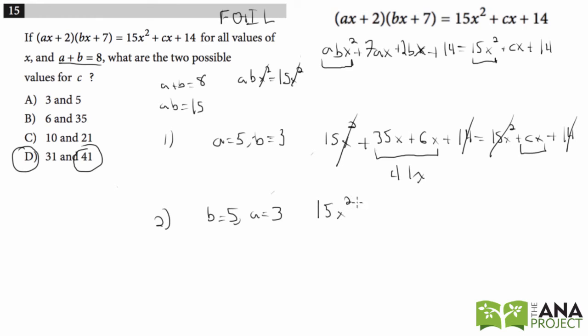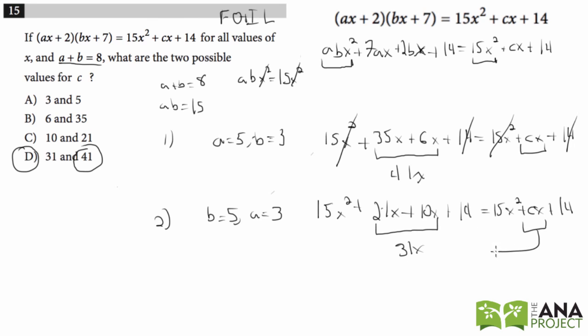So 15x squared plus 7ax, well, a in this case is 3, so this would be plus 21x, plus 2bx, b is 5 in this case, 2 times 5 is 10, then plus 14, and then this will equal the same thing as we put earlier, 15x squared plus cx plus 14. So in this case, this middle part, 21x plus 10x is 31x. So cx in this case, c would equal 31. So the answer is D.